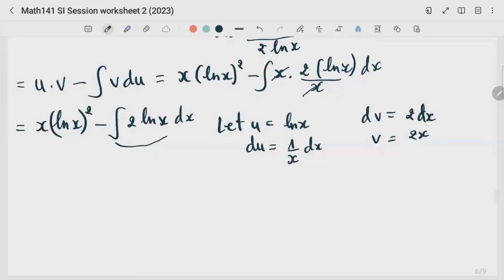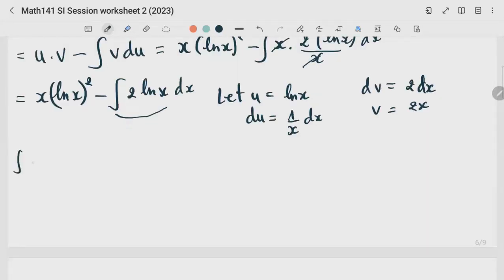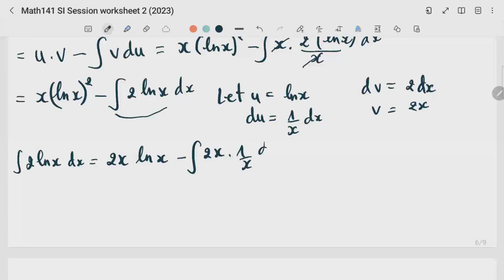So that means that this integral of 2 ln x dx is equal to u times v, which is 2x ln x, minus the integral of v du, so the integral of 2x times 1 over x dx.